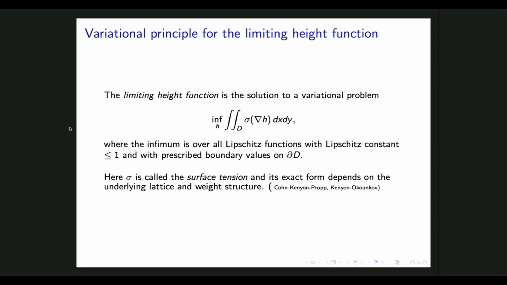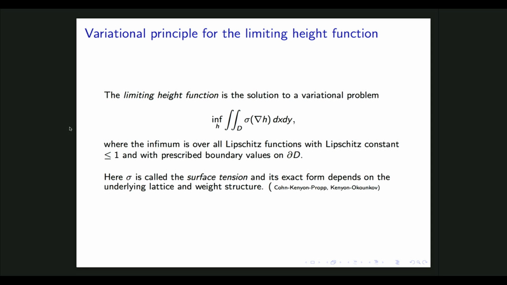So this is an interesting problem in itself, this variational problem. It has this form. I have some surface tension depending on the details of the model here, and I have a gradient variational problem.